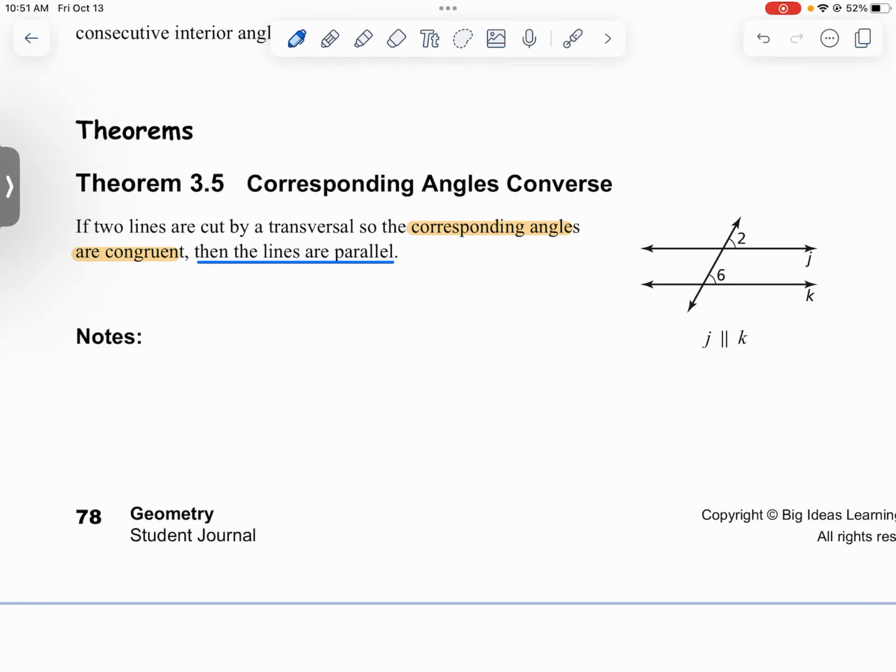If corresponding angles are congruent, then our lines are parallel. So like in this picture right here, if angle 2 is congruent to angle 6, then J is parallel to K. That is what this is saying. We can go backwards with our theorems.